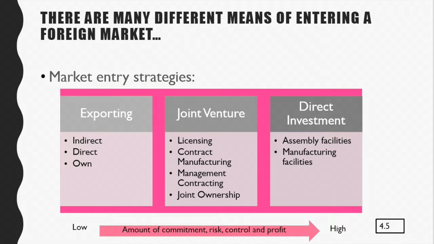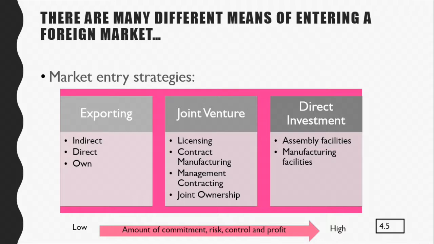The risks are also low, but also then how much they can control their operations, that is kind of low. And profit might also be a little bit lower than compared to having some other mode of operation, especially if you have indirect export. So in the first of these, there are low amounts of commitment, risk, control, and profit.